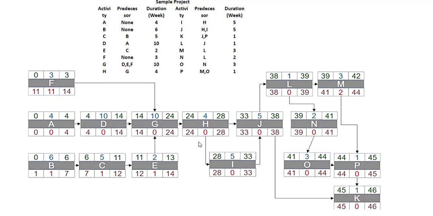Hence we can determine our critical activities or critical path in this project, like all the activities with zero buffer or zero float is critical path. So in this case, A, D, G, H, I, J, L, N, O, P and K, this becomes our critical path.